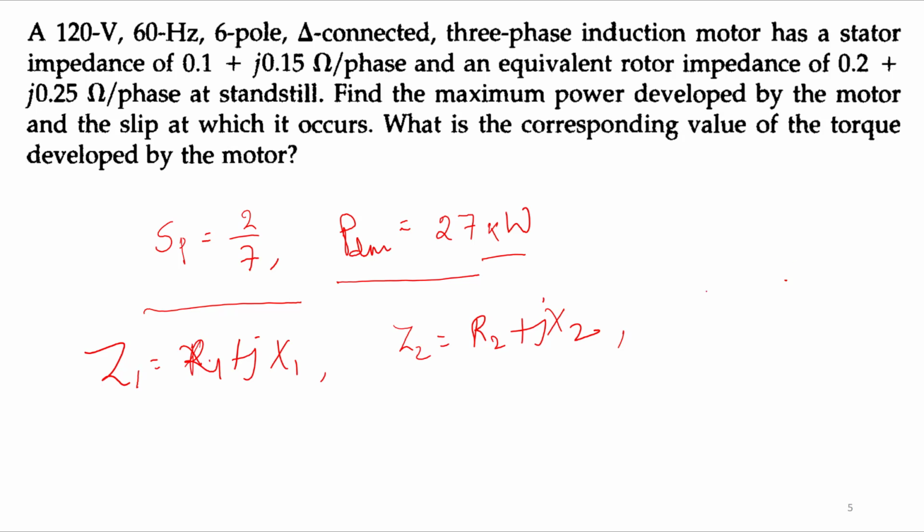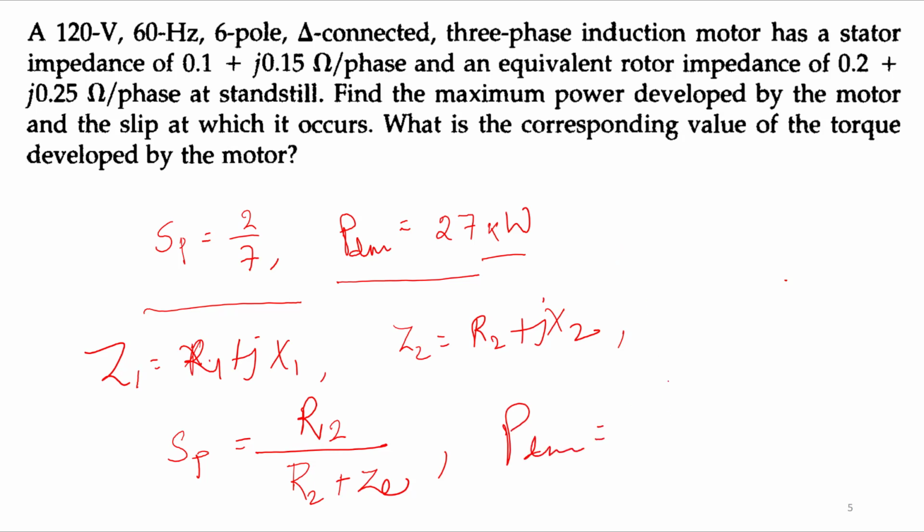So you can directly substitute in the expression of Sp, which is R2 by (R2 plus Zd), okay? So you can substitute and find it out. And then similarly PDM also you can find.